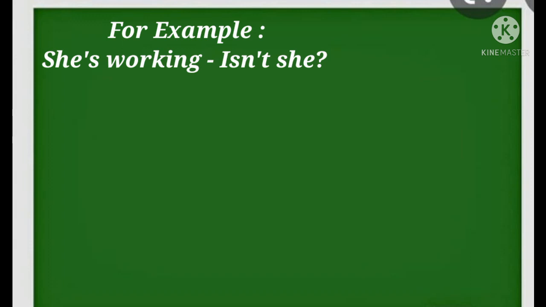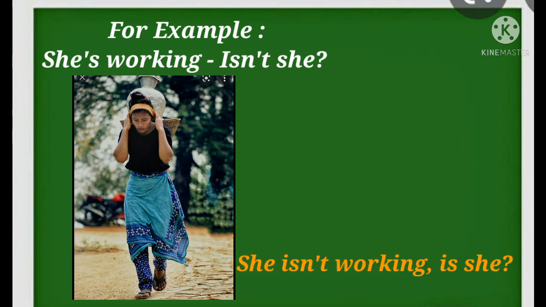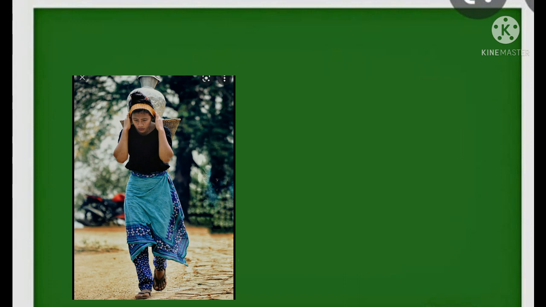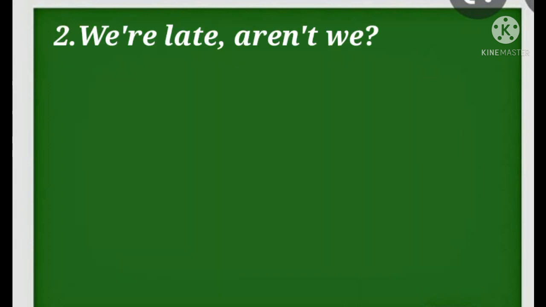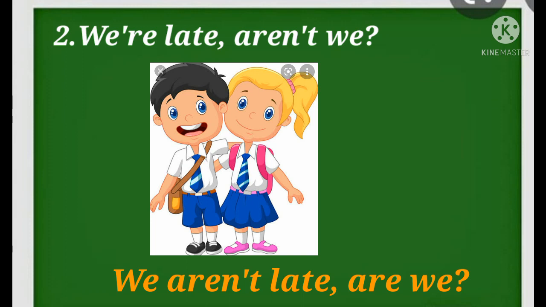For example, she is walking, isn't she? And the negative statement, she isn't walking, is she? Second example: we're late, aren't we?